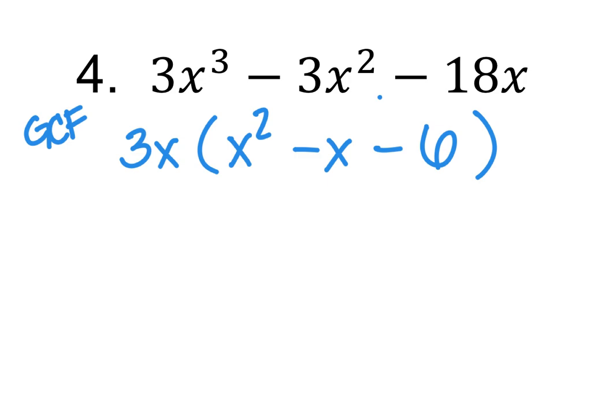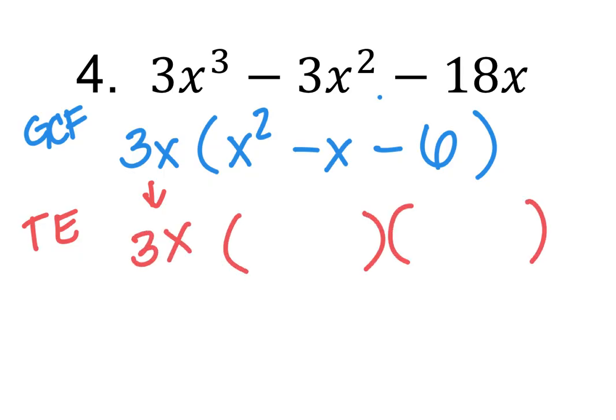Now what factoring method can we use? We have 3 terms. 3 terms, if you look at the top, that is trial and error. So we have T and E. Let's bring down our 3x. 2 parentheses. What signs go in our parentheses? We have that minus, which means you're going to use both signs, just a plus and a minus. We have x squared, so we know we're going to have x.